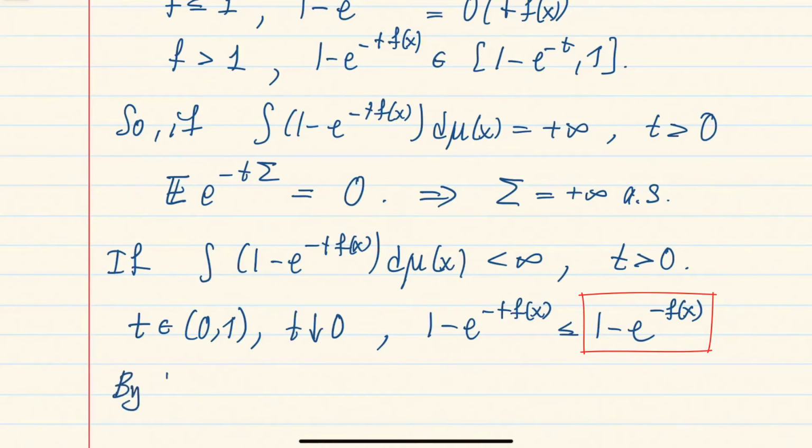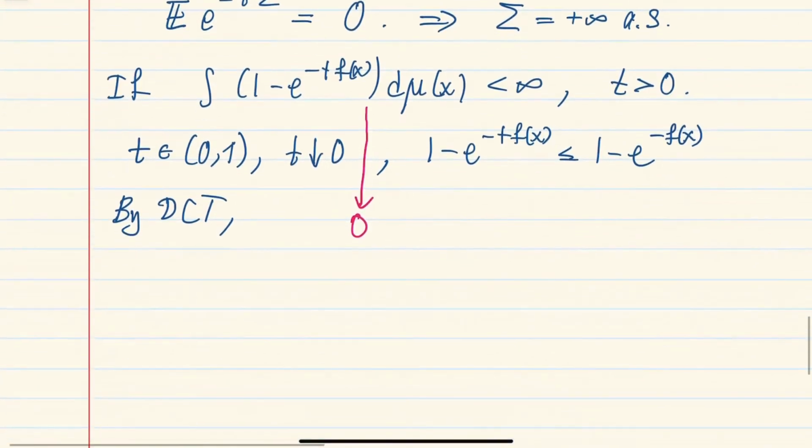So by the dominated convergence theorem, when we let t go to 0, what we get is that this integral here converges to the integral of 0, so it converges to 0, and as a result, the right-hand side of the Laplace transform equation, the exponential, converges to 1.